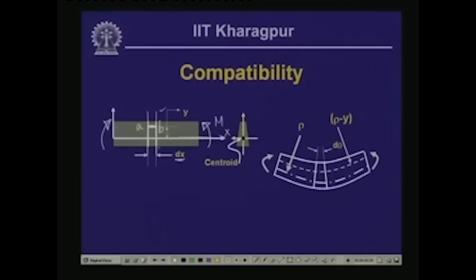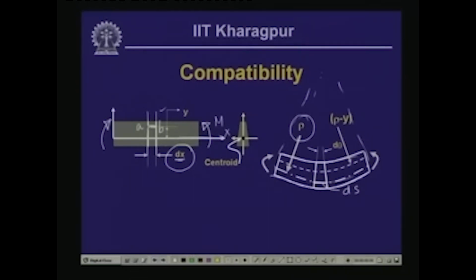So, under loading, let us say it undergoes deformation, and the deformed shape is something like this, which is part of a great circle. Now, if we concentrate on this particular segment which was originally dx, and let us say that it undergoes deformation, and let us call that along this particular length, this is ds, and this axis of the beam has a radius rho with reference to the center of this great circle.